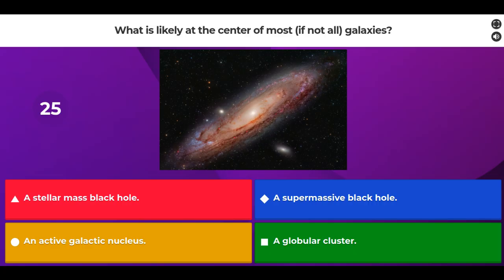So stellar mass black holes are just kind of in random places in space where a big star died, but the supermassive ones are at the center of galaxies. Globular clusters are usually in the halos of galaxies, and then some galaxies have an active galactic nucleus, and we think all galaxies at one point went through an active phase. But, for example, the Milky Way galaxy doesn't have an active galactic nucleus, but it does have a supermassive black hole.